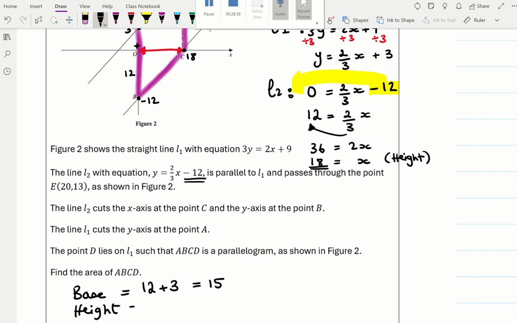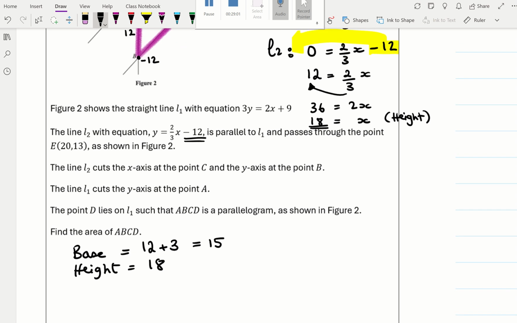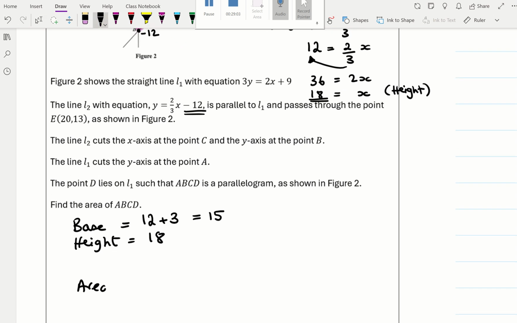The height is 18. And the area of the parallelogram is 15 times 18, and you just put that into your calculator and you get 270 units squared because it's area.